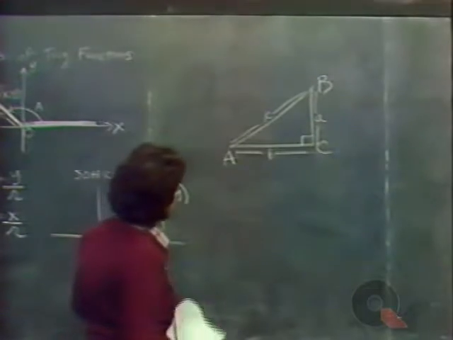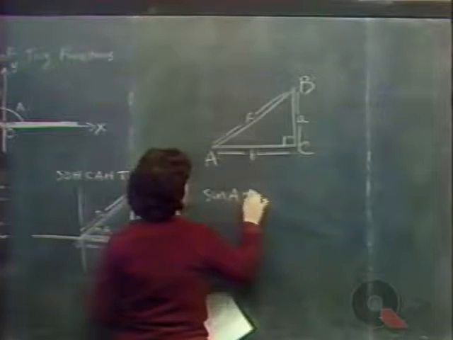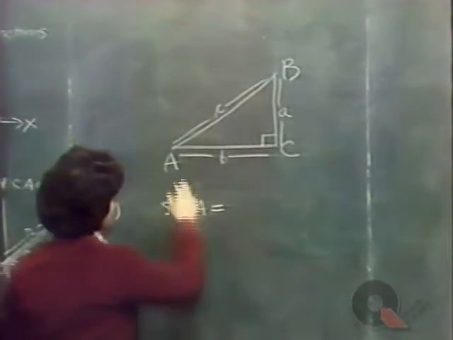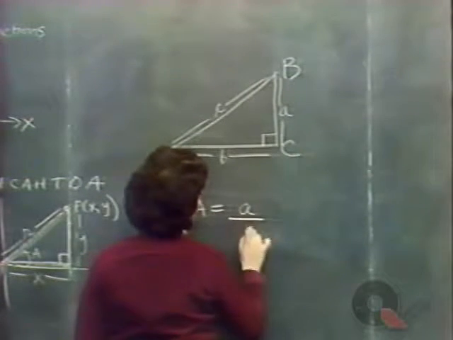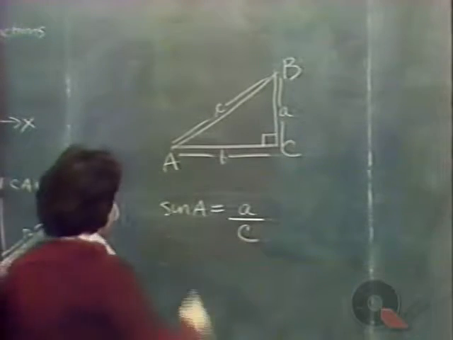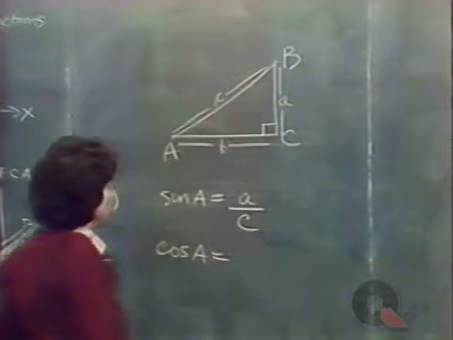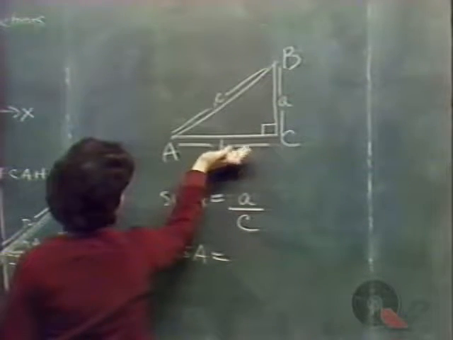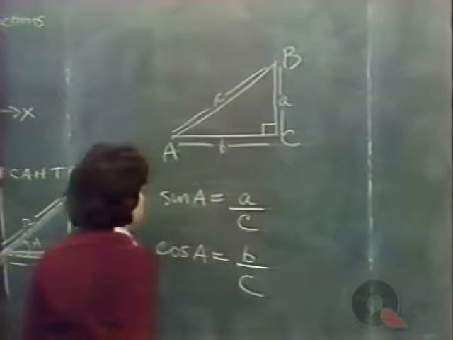Now, the sine of angle A is, of course, opposite over hypotenuse. That is the length of the side opposite angle A, which is little a, over the length of the hypotenuse. And the cosine of angle A, which is adjacent over hypotenuse, is b over c, since the side adjacent to angle A has length b and the hypotenuse has length c.